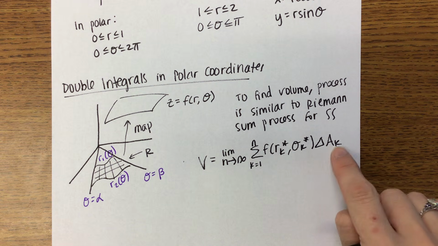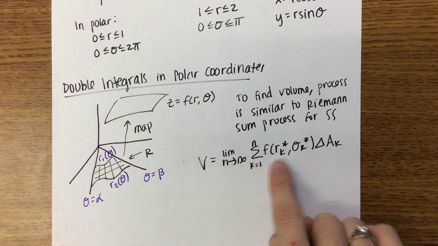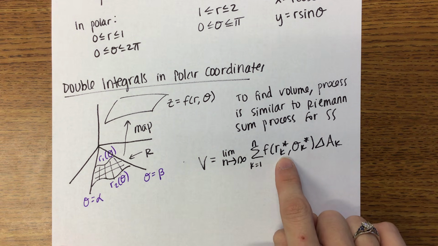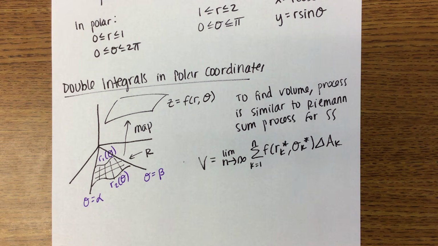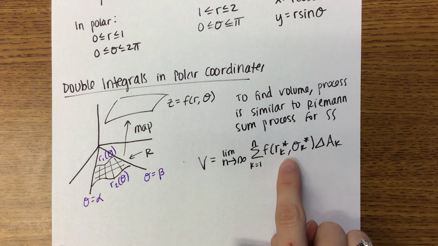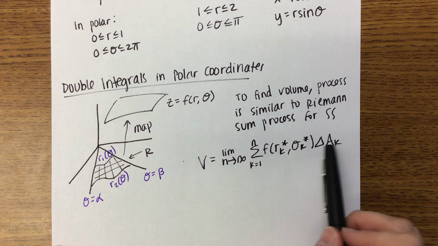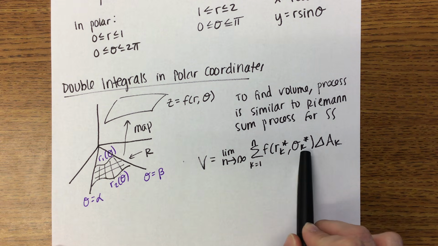What does this contribute to the volume of the parallelepiped? This is the area of the base. What is this? The height. Right? If I plug in r and theta, I'm going to get the height. So this is the area of the base. This is the height of the parallelepiped.